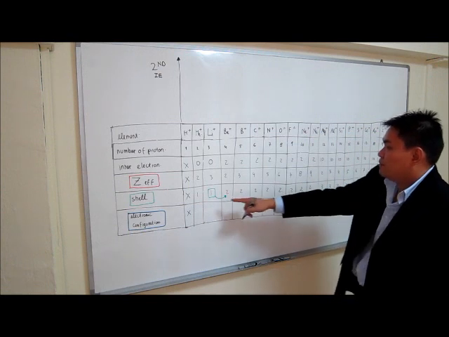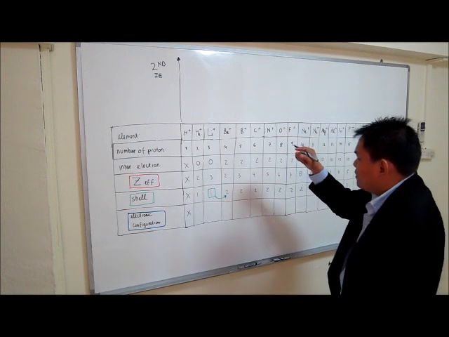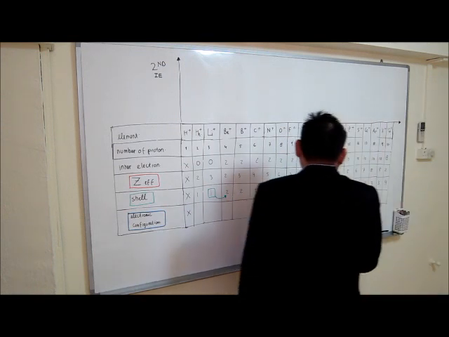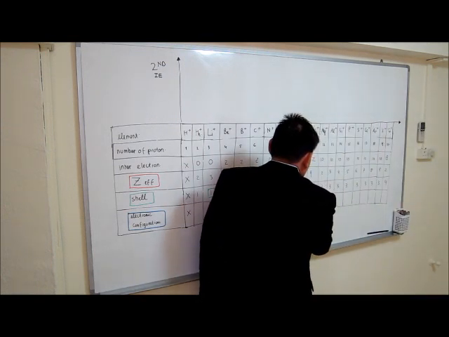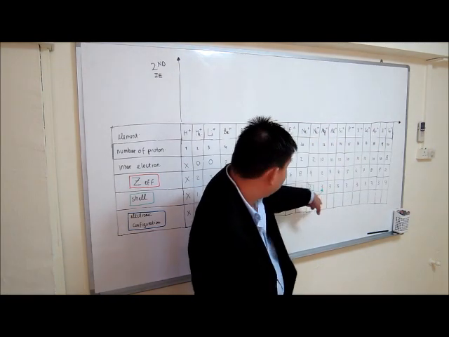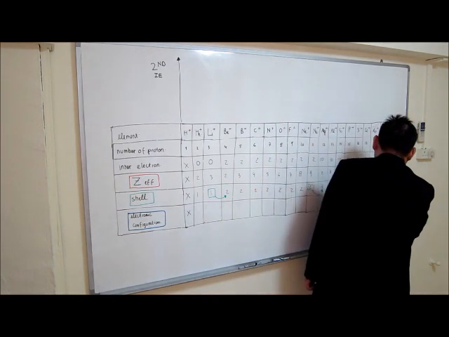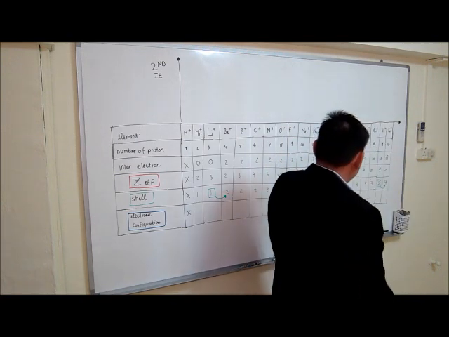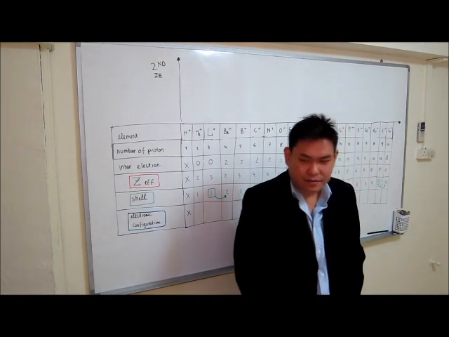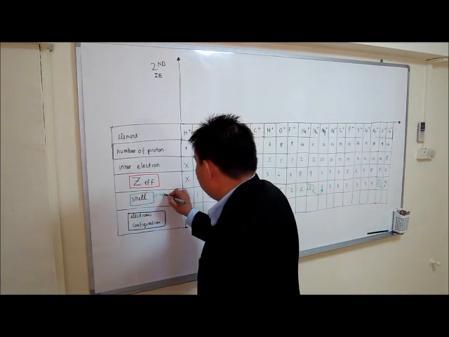So from Li+ to Be+, there will be a very significant decrease. Same thing happens from Na+ to Mg+, there will be a big decrease here. And from K+ to Ca+ also there will be a big decrease.